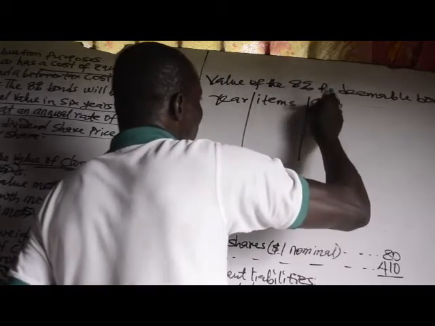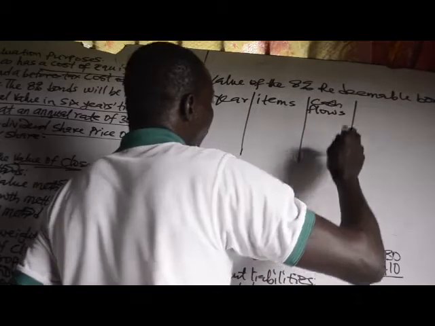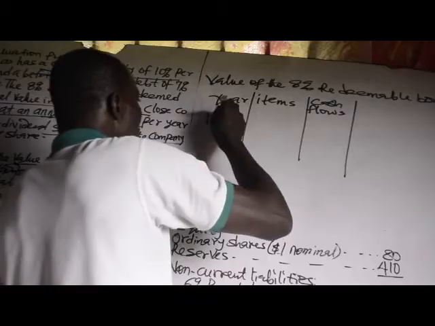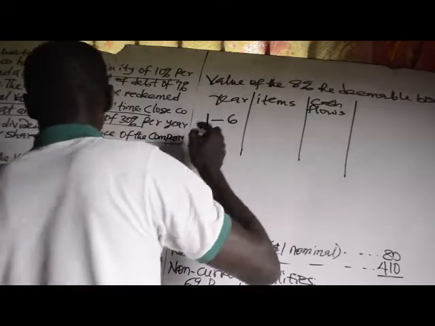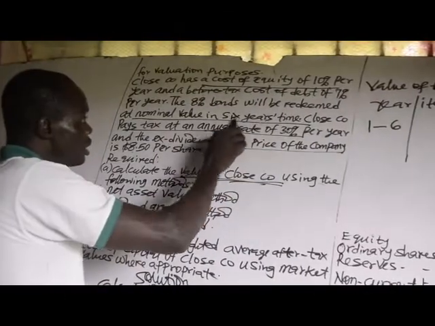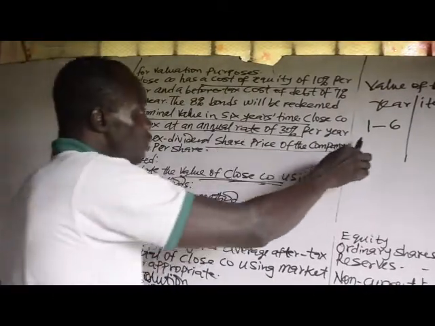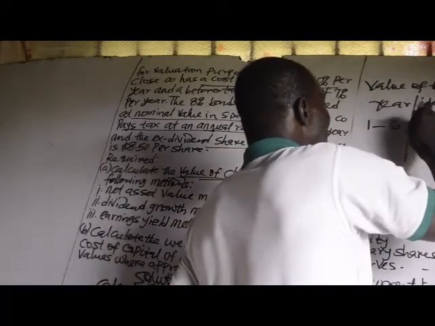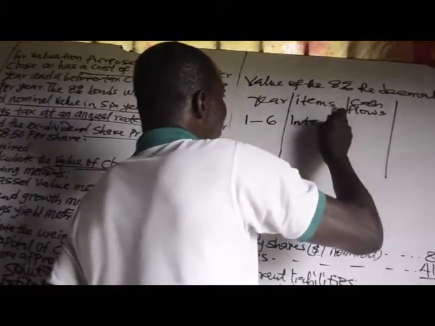The bonds will be redeemable in 6 years' time, so we have years 1 to 6. We have interest as one of the cash flows.